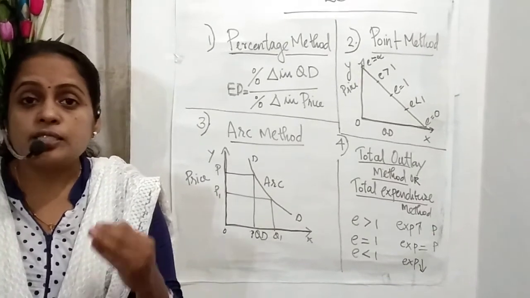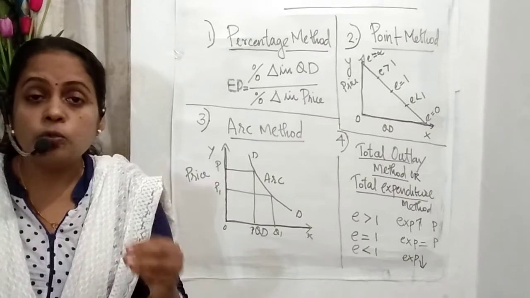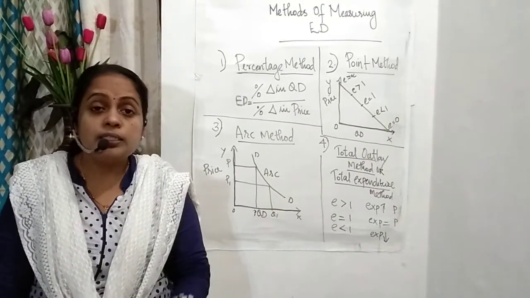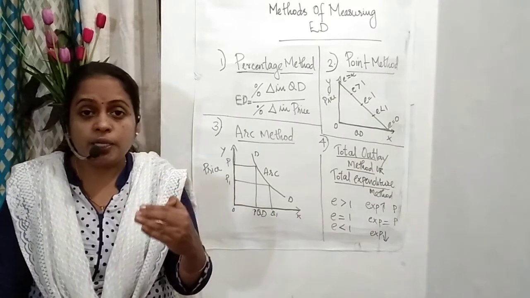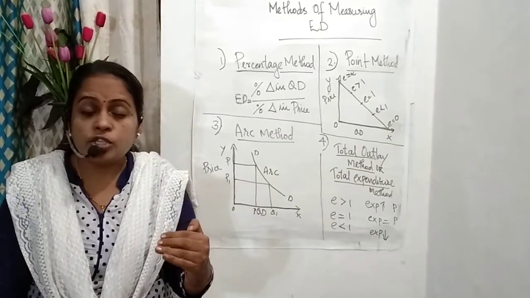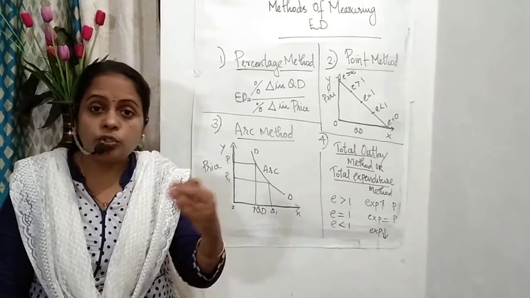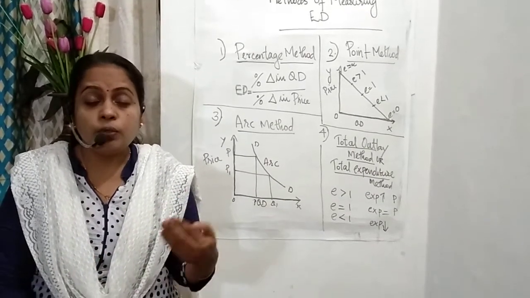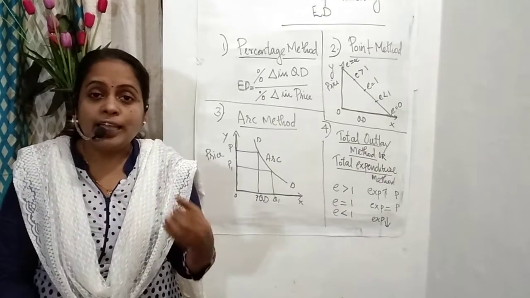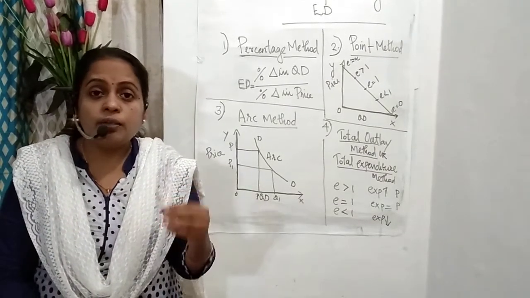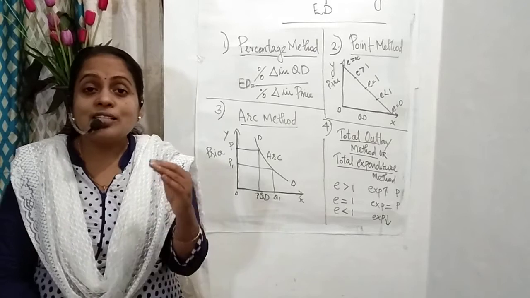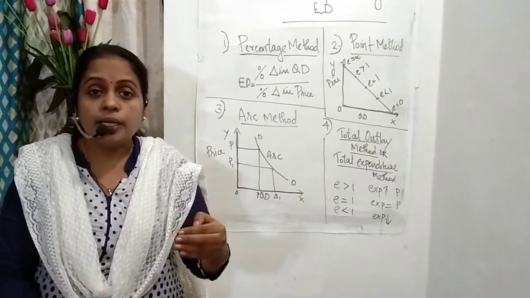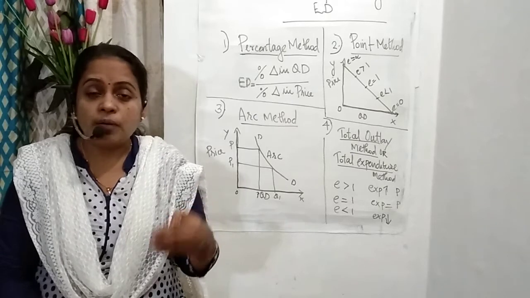This method is known as the famous and the most important method of measuring elasticity of demand. This method helps to explain the minute change in price to the quantity demanded. So this is a very widely used technique. Simply, we can represent it as: elasticity of demand is the percentage change in quantity demanded due to the percentage change in price.